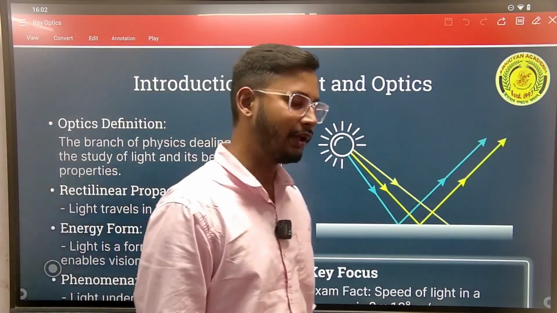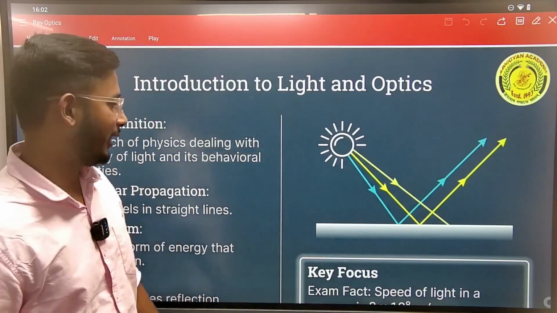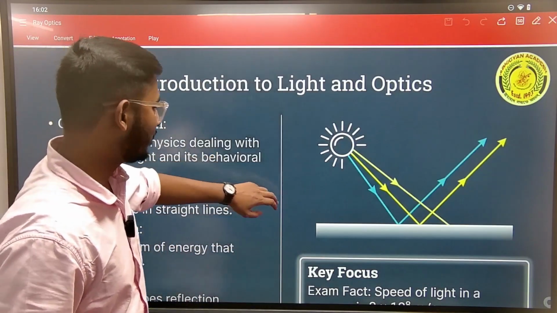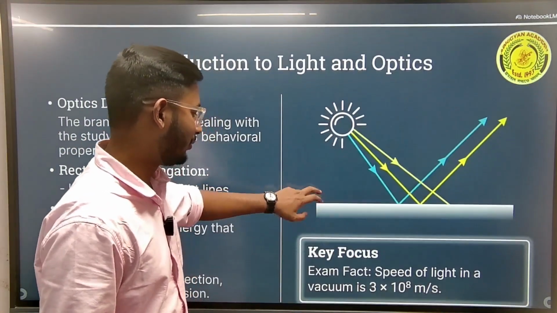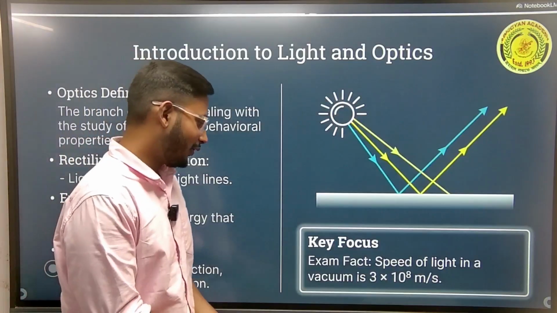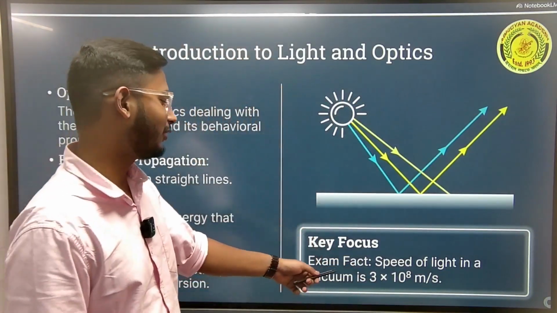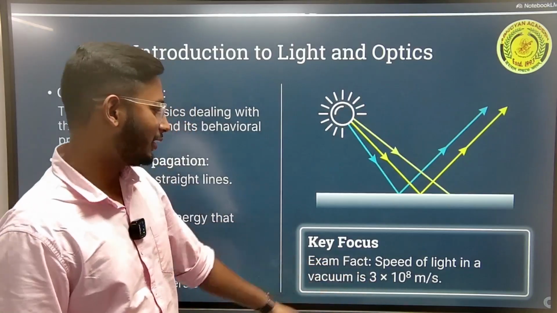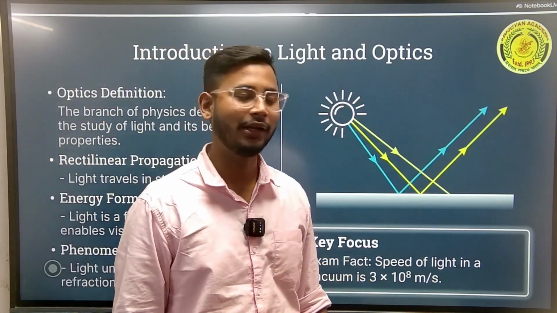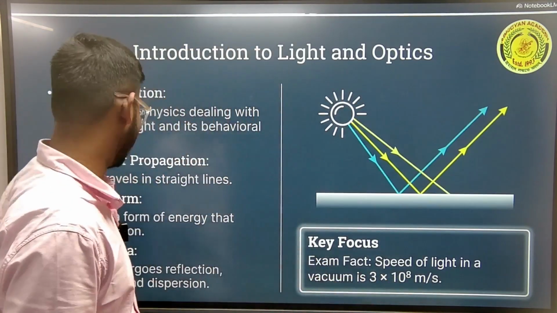Actually we get light in the form of energy. Always remember, the speed of light in vacuum, when the medium is vacuum, is always 3 into 10 to the power 8 meter per second.